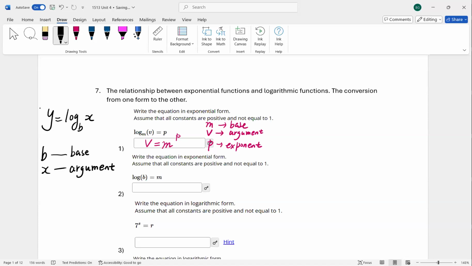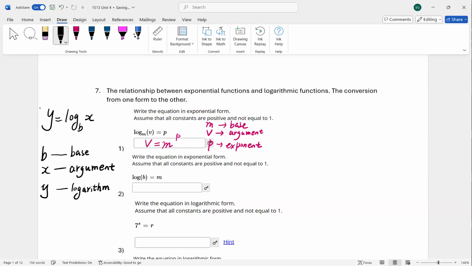And the y here is the logarithm actually. I'll just write logarithm here. We introduced the logarithmic function as the inverse of the exponential function.